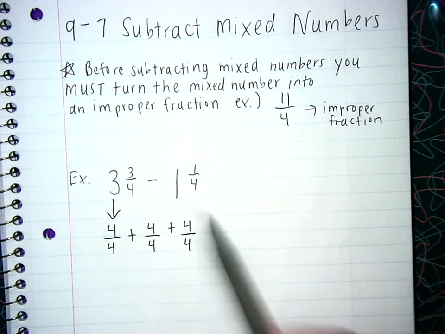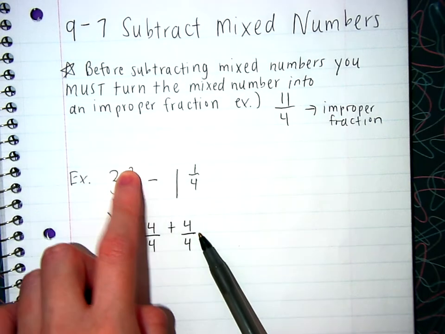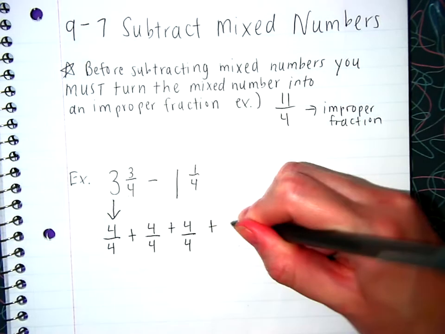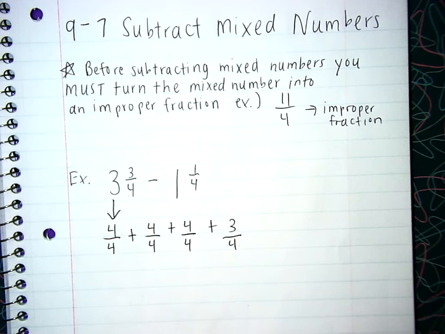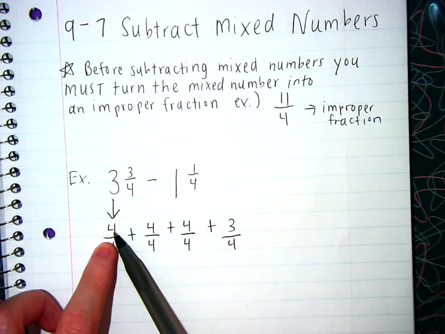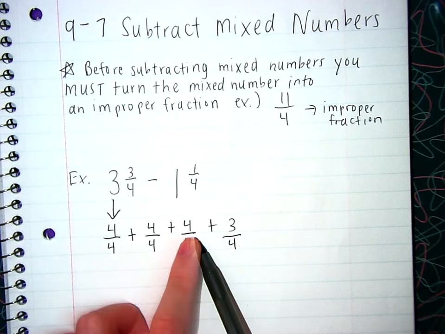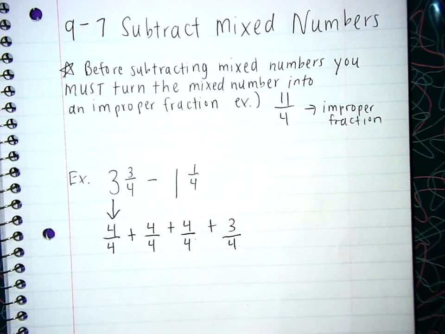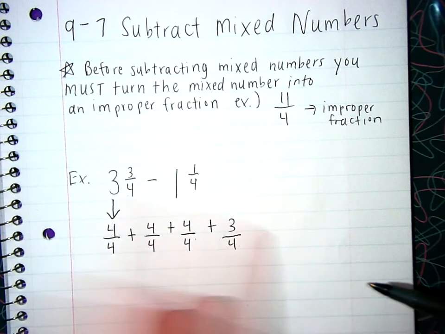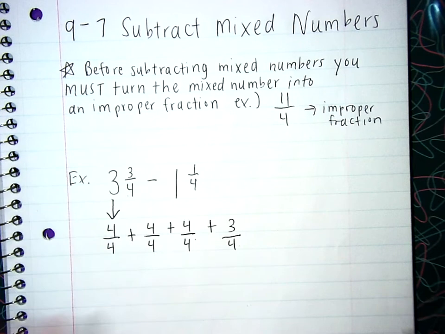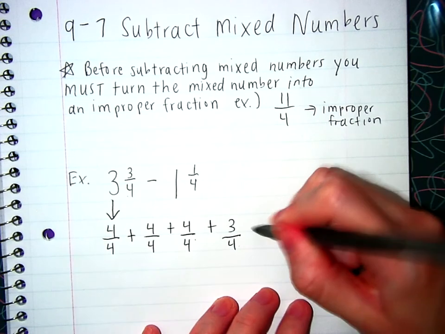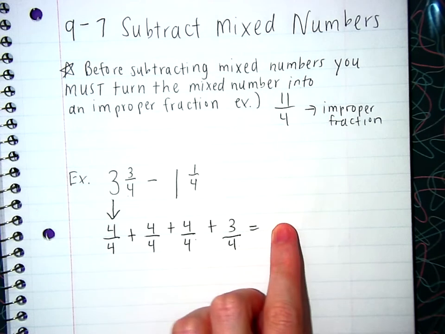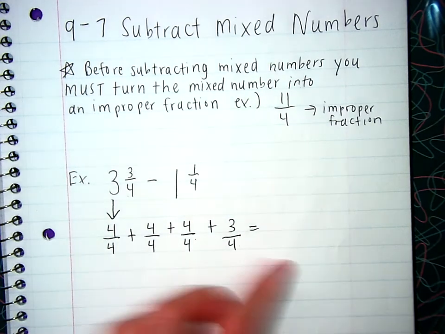But we're not stopping here because we have to add the fraction part now. So that's where we will add plus the 3/4. So this is my 1 whole, 2 whole, 3 whole, which gives me the whole number part. And here is me adding on the fraction part. So that will give me the improper fraction for this mixed number. Remember, when we are adding fractions, we add only the numerators and we keep the denominator the same.